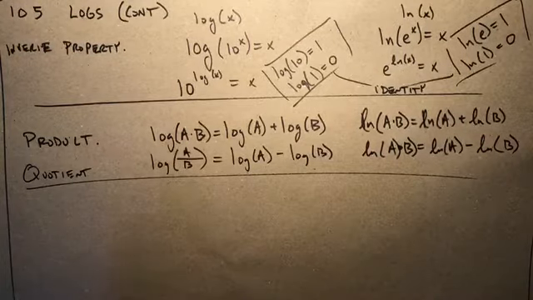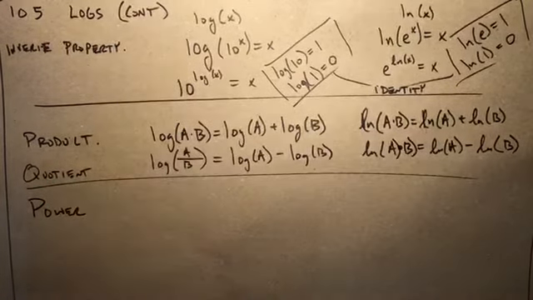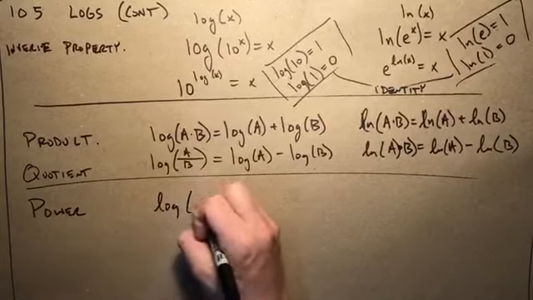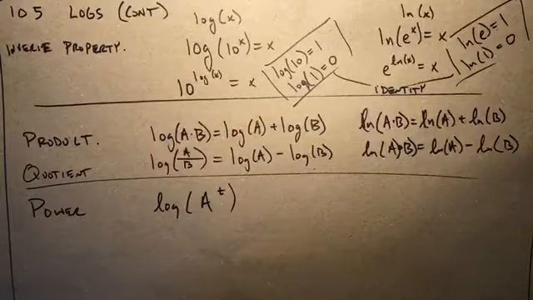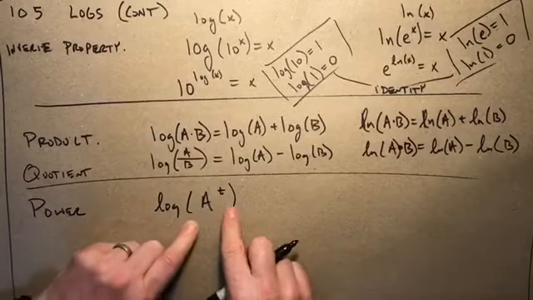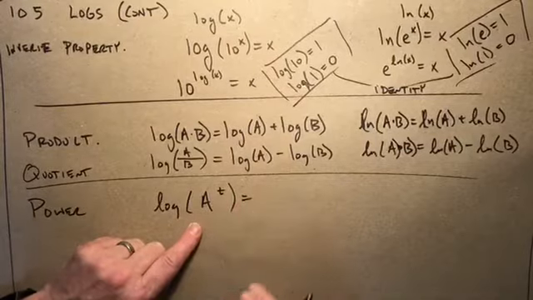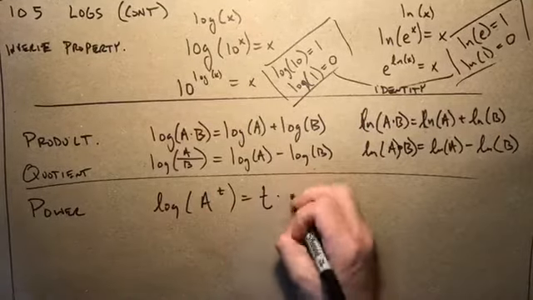And this, we could say that when we have a log raised to a power, we'll say power. If I have the log of a raised to the t, what's fantastic here is that that t comes down and it turns this exponential problem into a linear one.